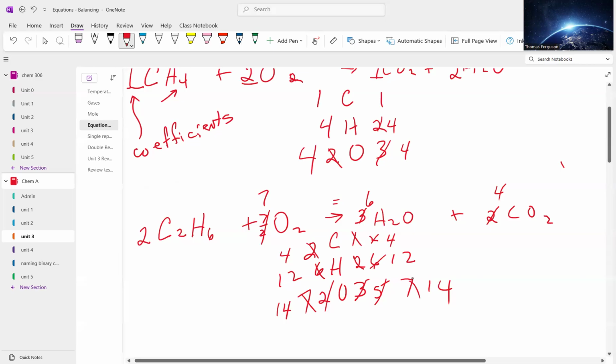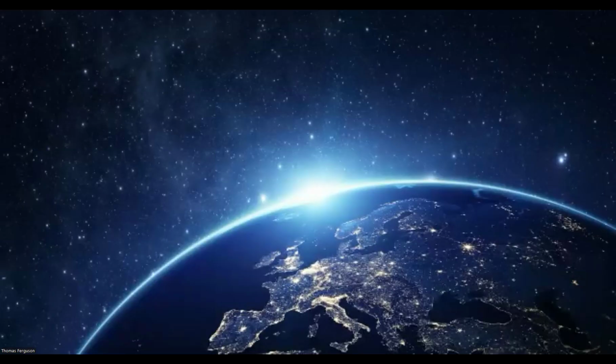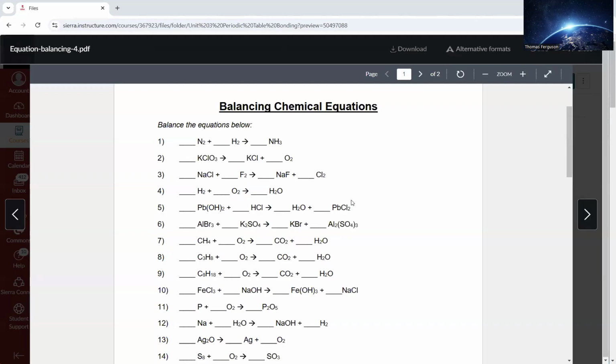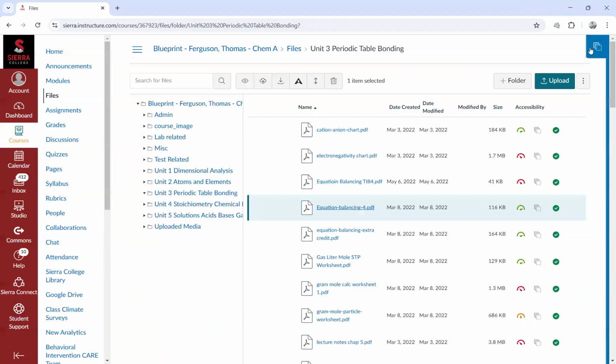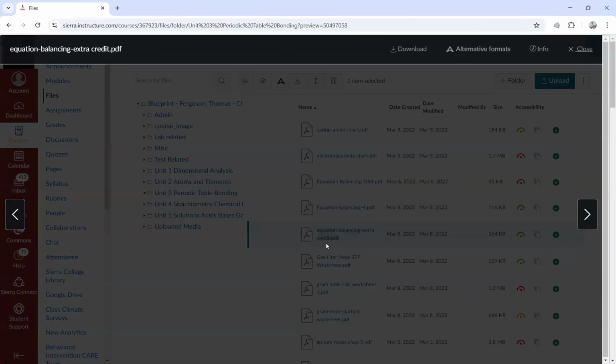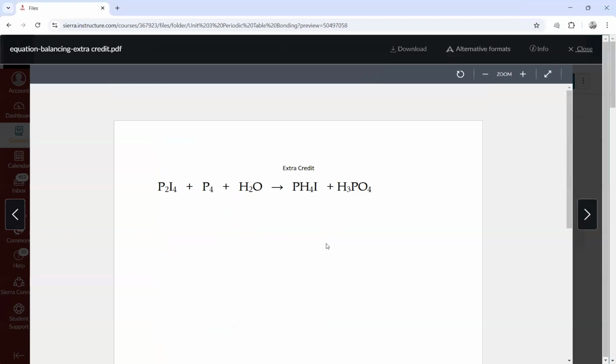If you go to files, this is an extra credit equation to balance.